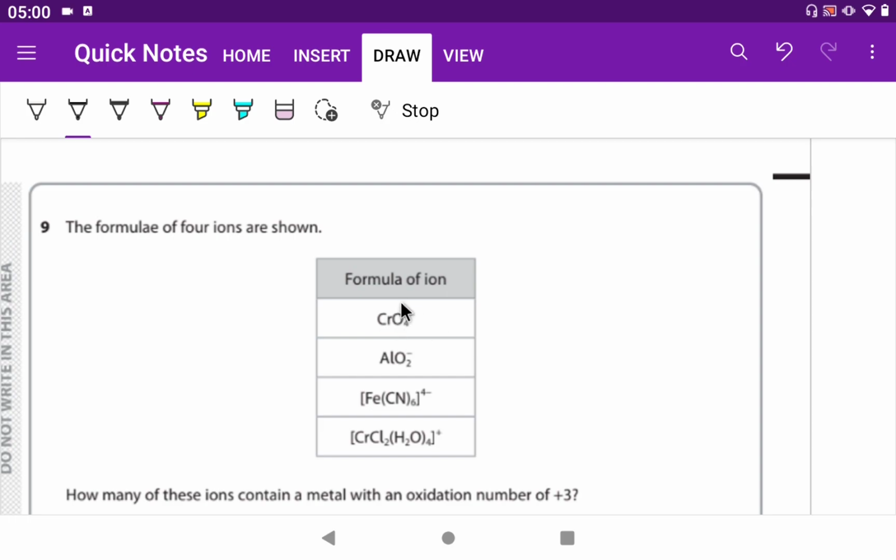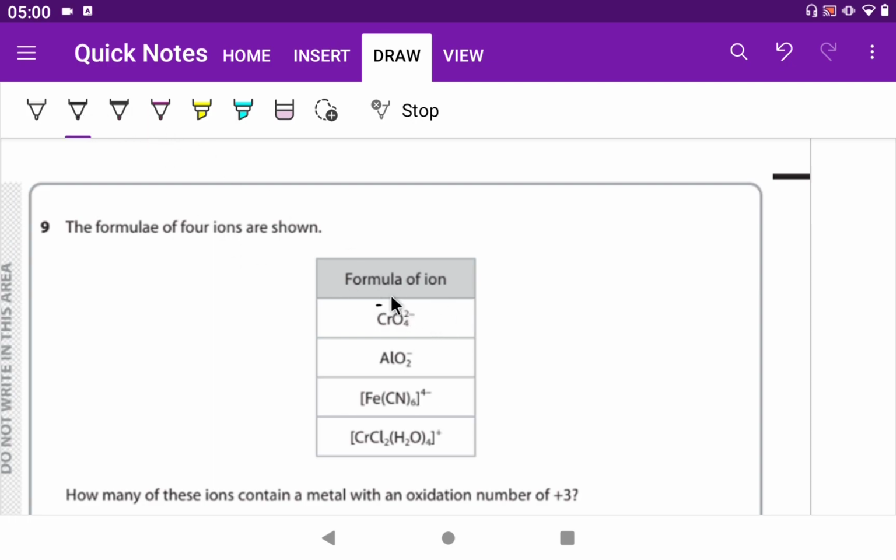Oxygen has -2, so overall minus, and this is 8 times minus. So x plus minus 8, so it will be 6. So this chromium has 6 positive charges.